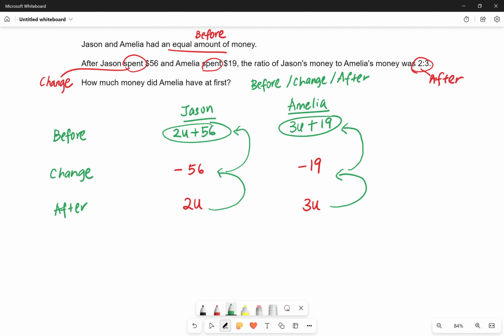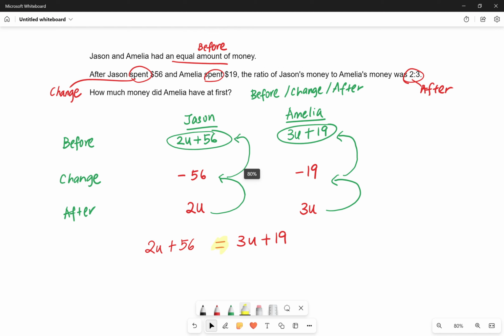Since the question mentioned that both Jason and Amelia had an equal amount of money, we can now equate 2U plus 56, which is the amount of money Jason had at first, to the amount of money that Amelia had at first, which is 3U plus 19. We use the equal sign here because both of them had an equal amount of money, and therefore it makes sense for us to equate the amount of money that they have at the beginning.